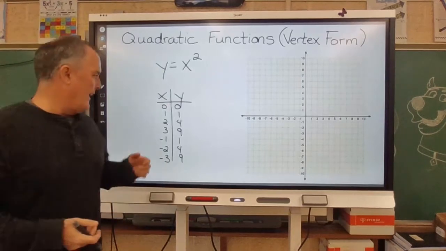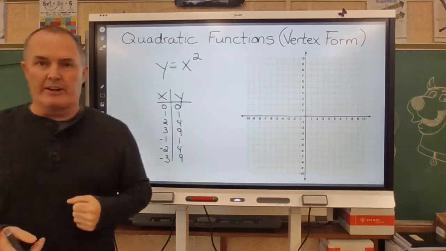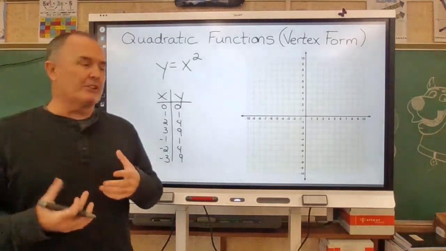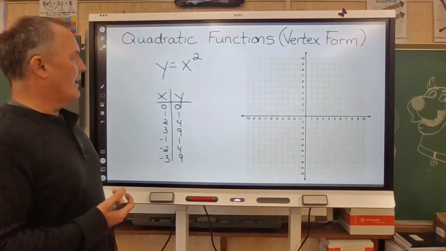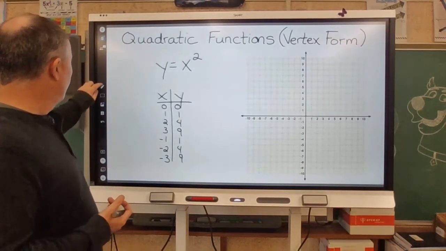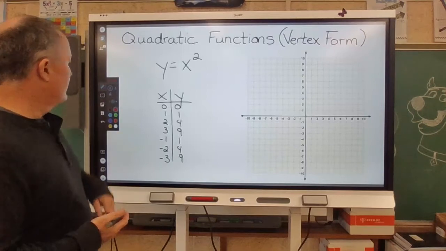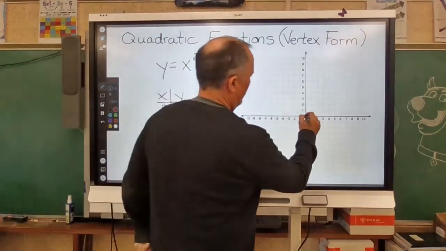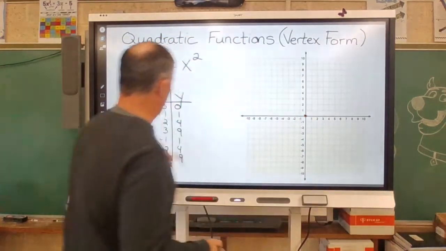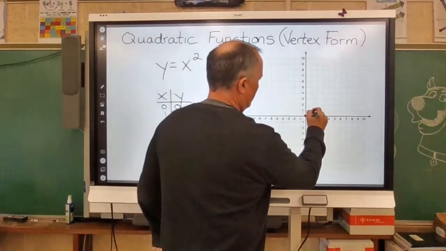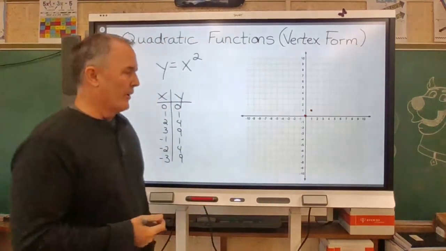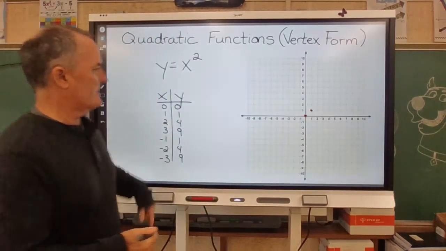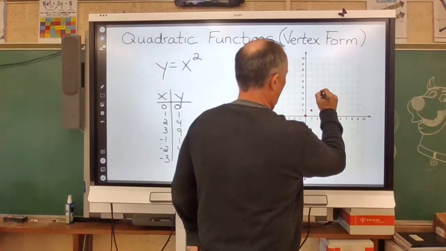Now that I have my 7 points on here, let's graph them and see the basic shape of what a quadratic function is going to look like. Let's use red. All right, so 0, 0. Then 1, 1. Over 1 on the x-axis, up 1 on the y-axis. 2, 4.